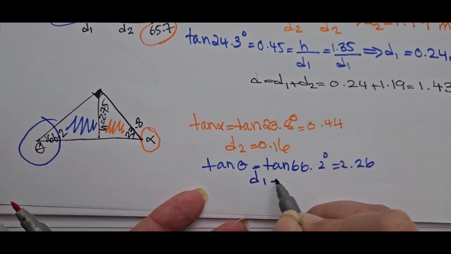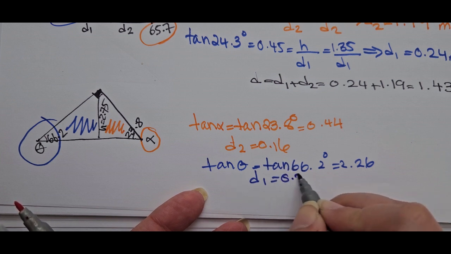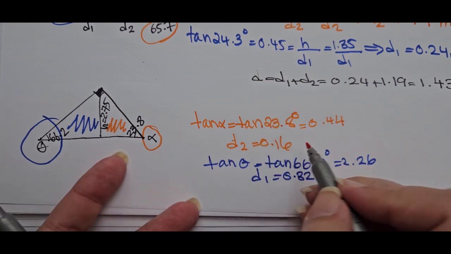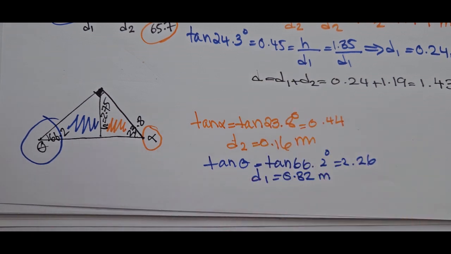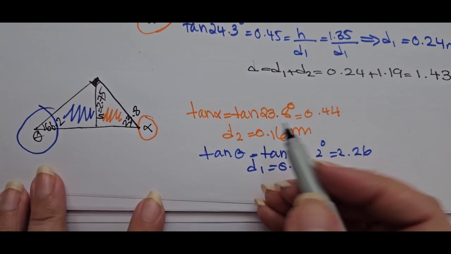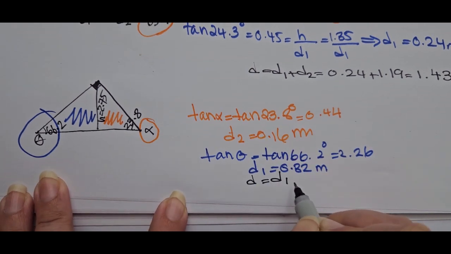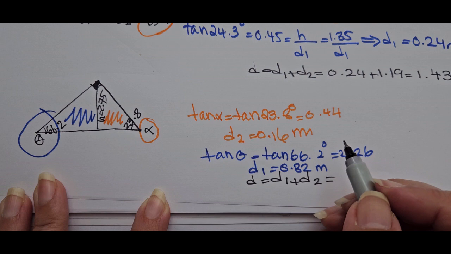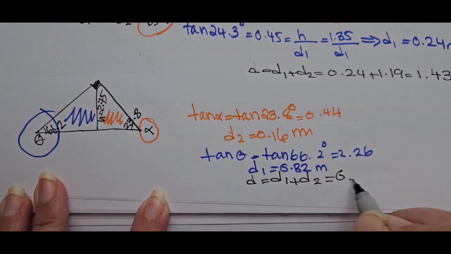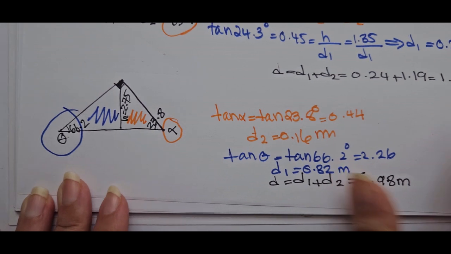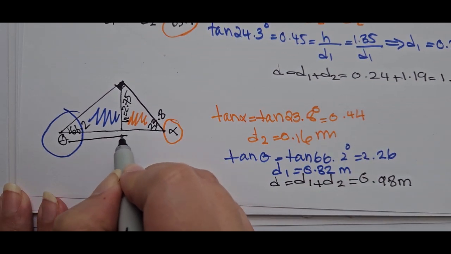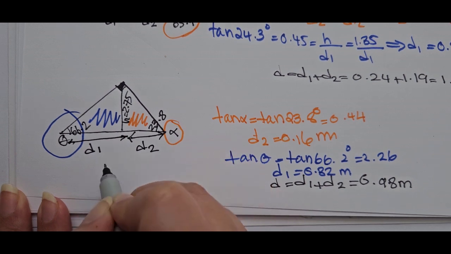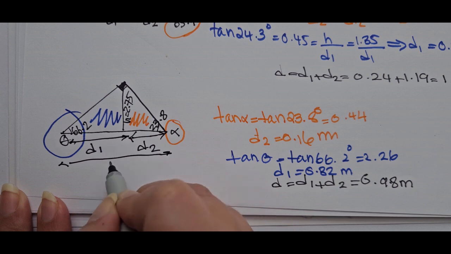And remember, guys, from here you can find D1, which is 0.82. Again, I forgot about the units. Remember? You have D1 and D2. You just add them together to get the D, right? So your D would be D1 plus D2, and then these two together would be 0.98 meter. Okay, so once again, this is D1 and this is D2, and the total thing from here to here is D.